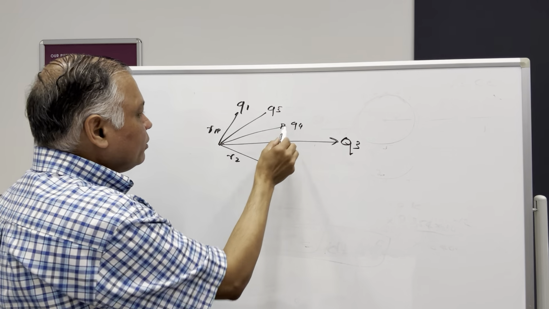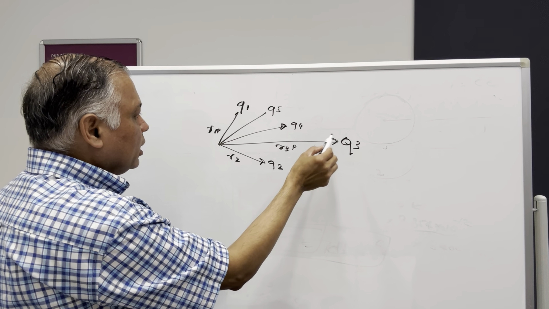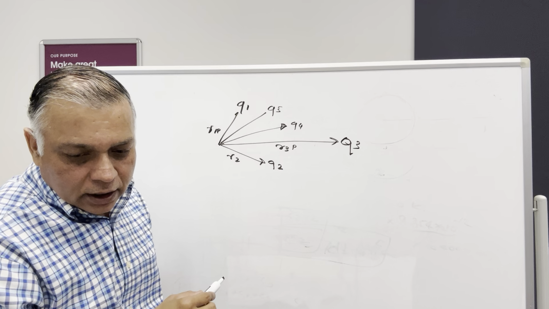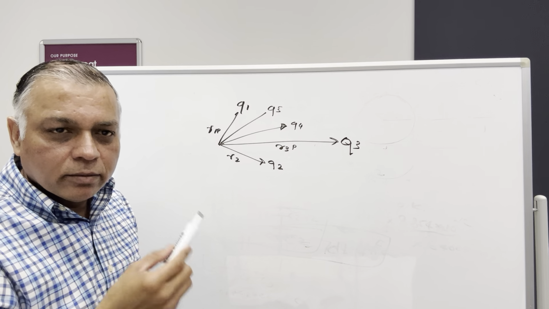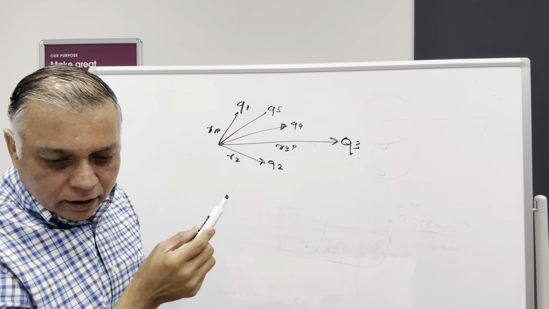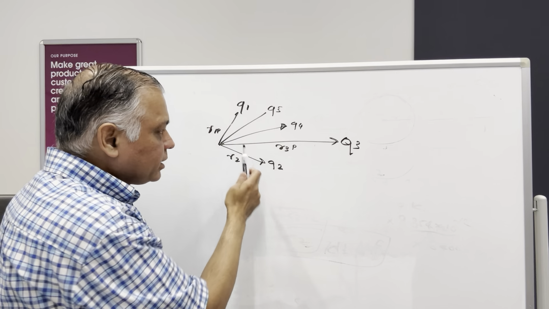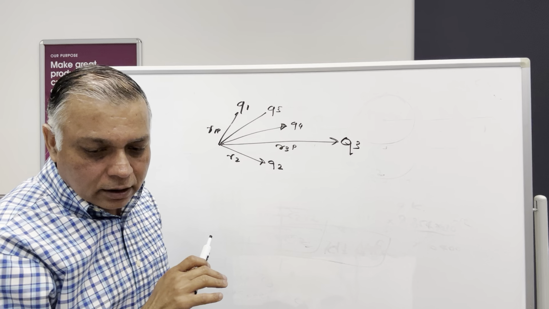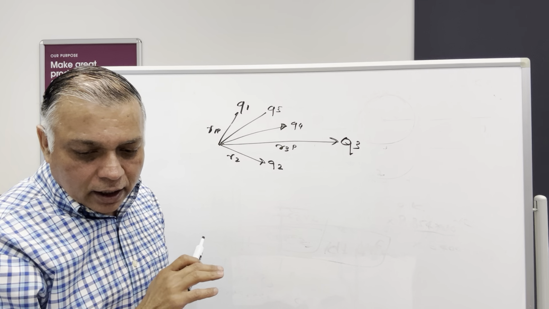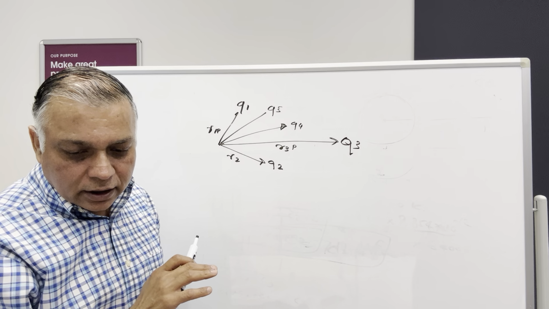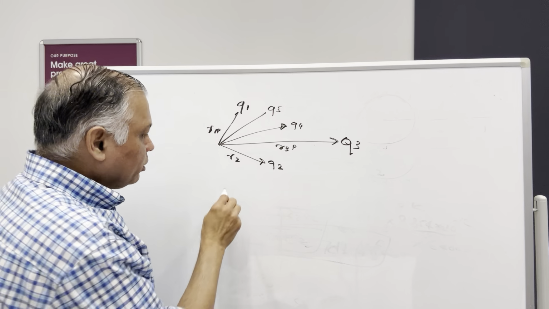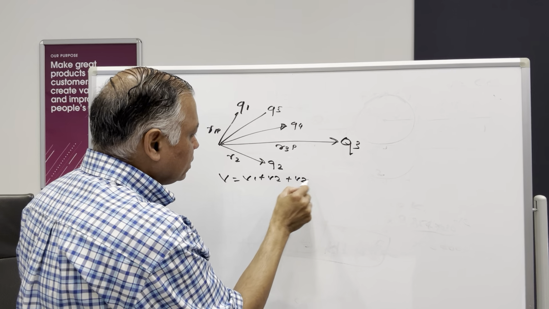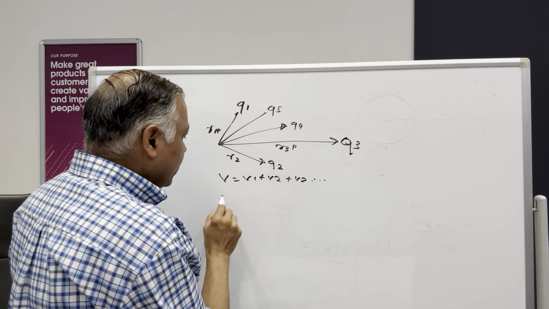So there are various charges acting here at different radii, right? So basically the resultant voltage will be v1 plus v2 plus v3, for every vector in a sense. Sometimes it comes as a vector, with a hat sign on it. But right now let's just consider that these are individual charges. So v is v1 plus v2 plus v3 up to n.